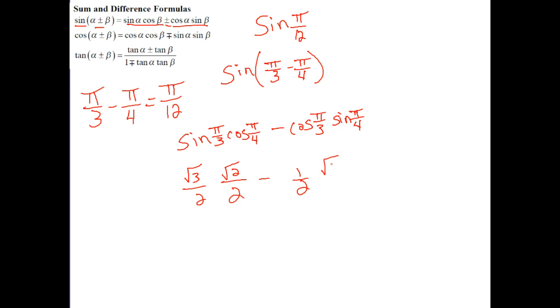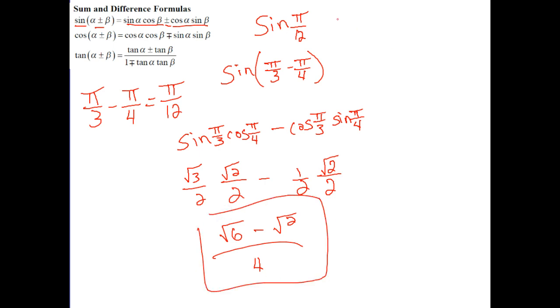This is radical 2 over 2 once again, and so we multiply and we actually get the same result as we did last time. You might ask, wait a minute, does that mean that sine of pi over 12 is the same as cosine of 75? And in fact, it is. Those are equal. And we found those exact values based on the sum and difference formulas.